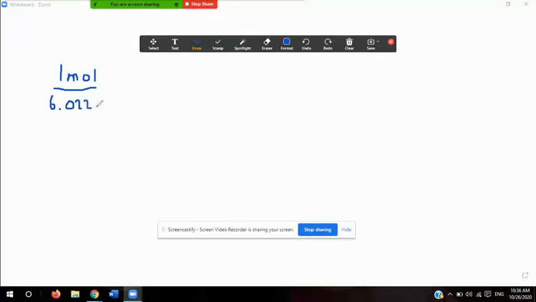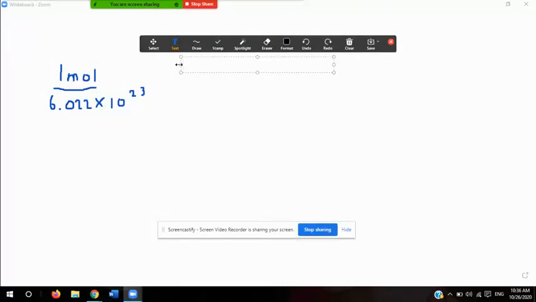As I mentioned in class, Avogadro's number is a constant, which means it does not change. So whenever we're working with moles to atoms or atoms to moles, we're always going to use Avogadro's number.